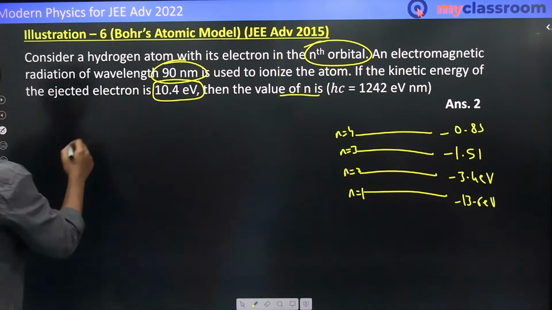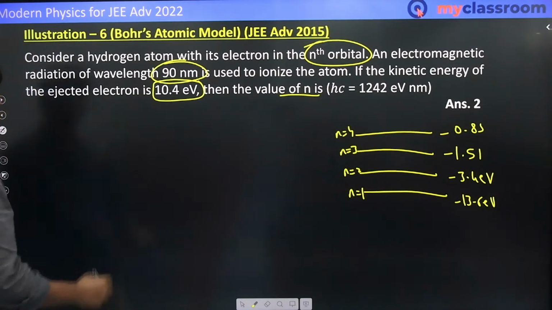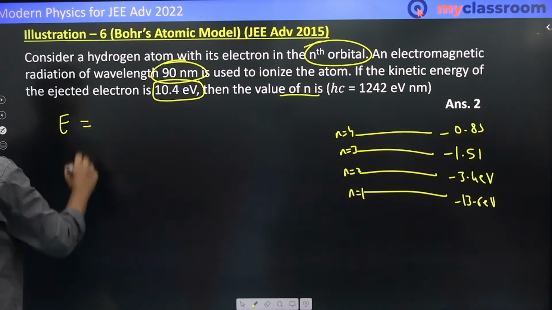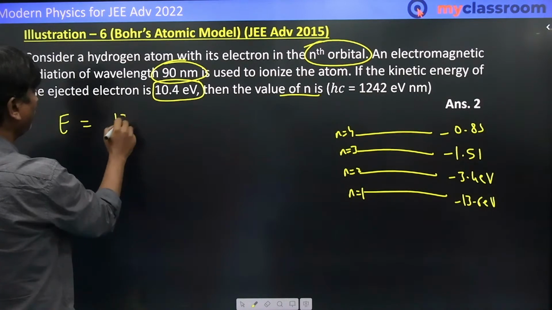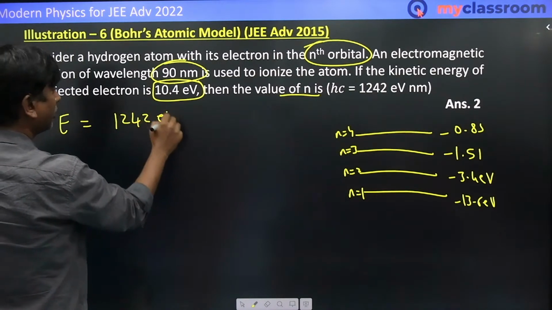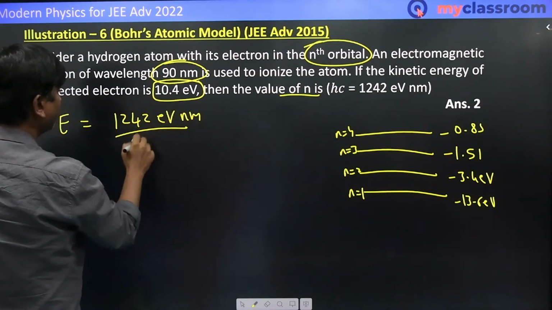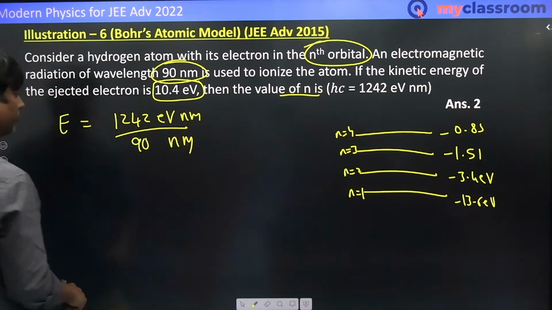Okay, so what is the energy of a photon of 90 nanometers wavelength? The energy will be equal to, as already given, hc by lambda. So 1242 electron volt nanometer by 90 nanometer, right?